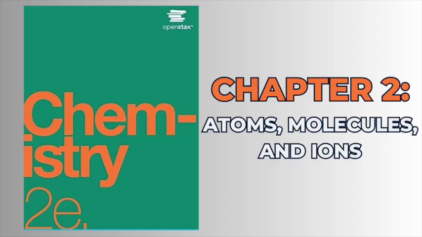Out-of-date nomenclature used the suffixes -ic and -ous to designate metals with higher and lower charges respectively. Iron(III) chloride, FeCl3, was previously called ferric chloride, and iron(II) chloride, FeCl2, was known as ferrous chloride.